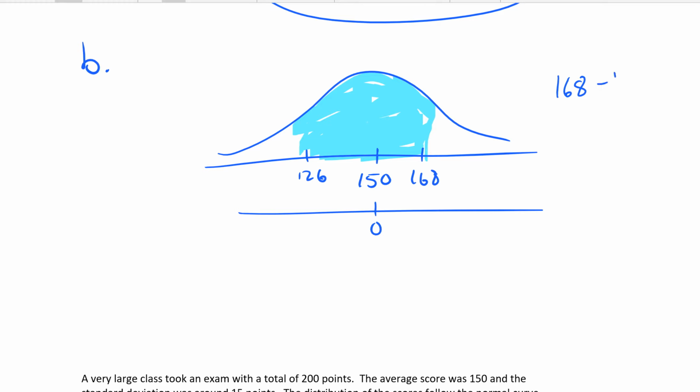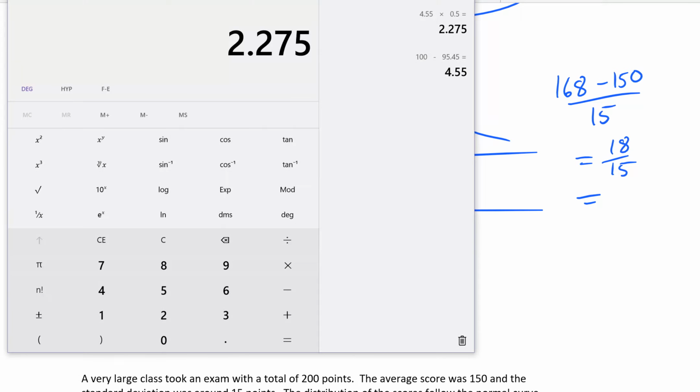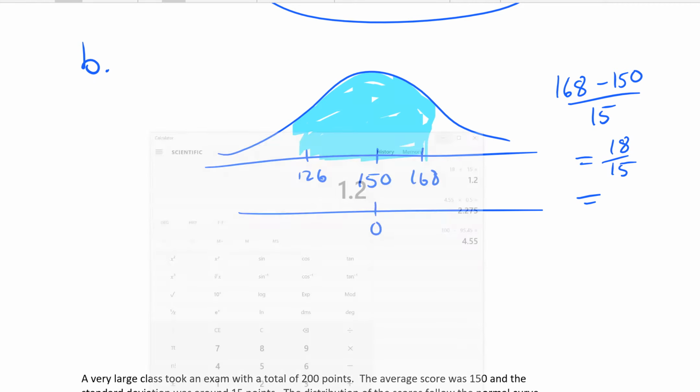168 in standard units: we subtract the average and we divide by the standard deviation. That's 18 divided by 15, and let's use the calculator. 18 divided by 15 is 1.2.